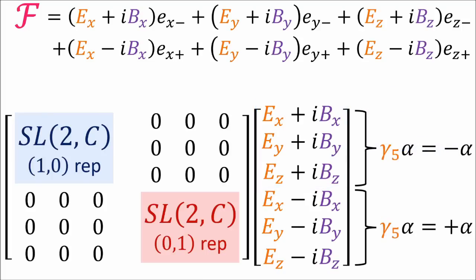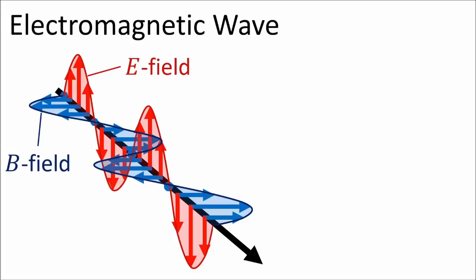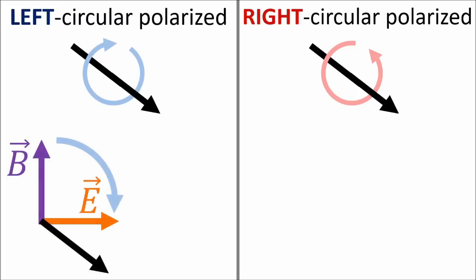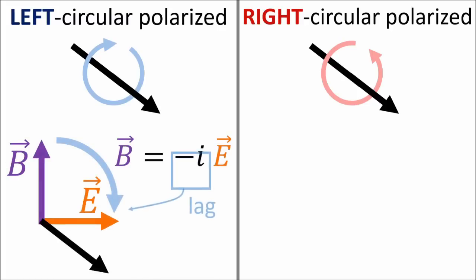We can identify these two eigenspaces with left and right circularly polarized electromagnetic waves. The cross product of the E and B fields will always give the direction of electromagnetic wave propagation. So we can define left circular waves as having the B field lag behind the E field by a quarter phase with -I.